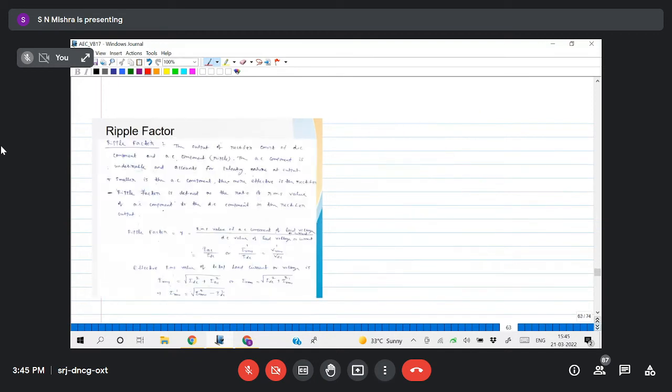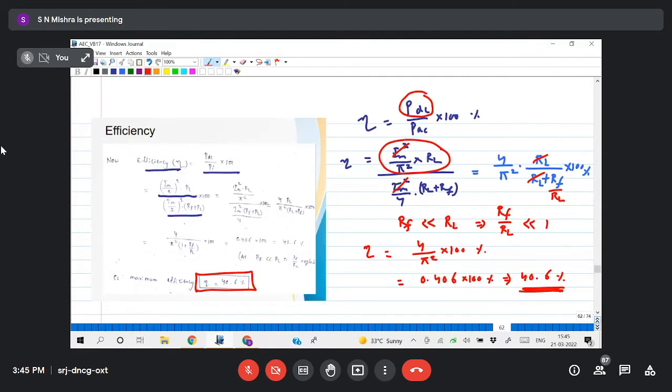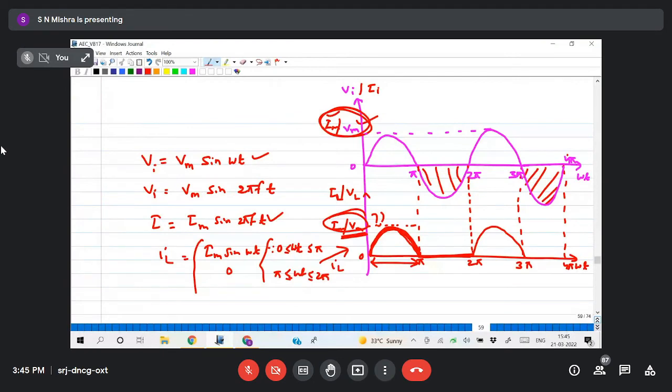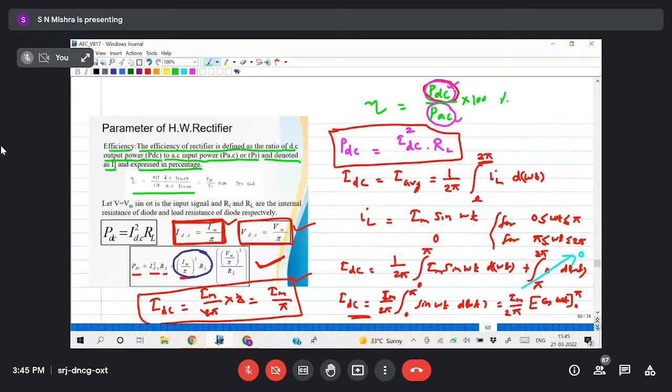Now I want to find out how much AC component is present in my output DC. In this diagram, this is your AC and this one is AC plus DC, or you can say pulsating DC. How much AC is present in my output DC gives the ripple factor.